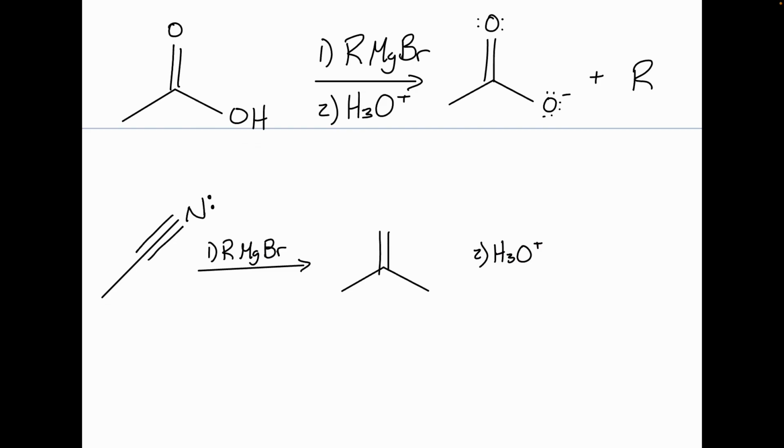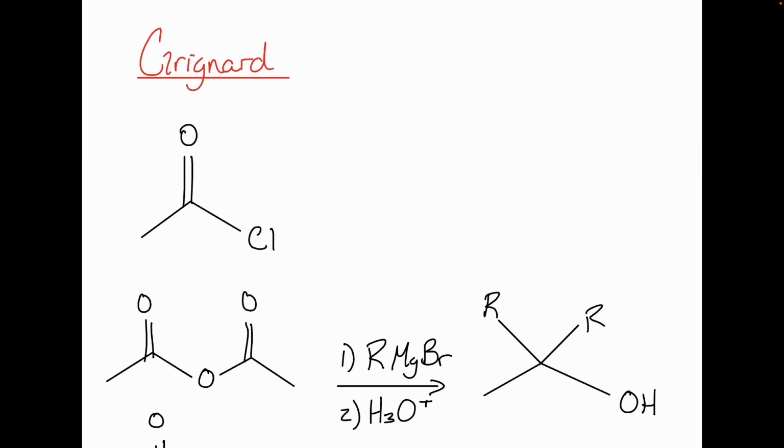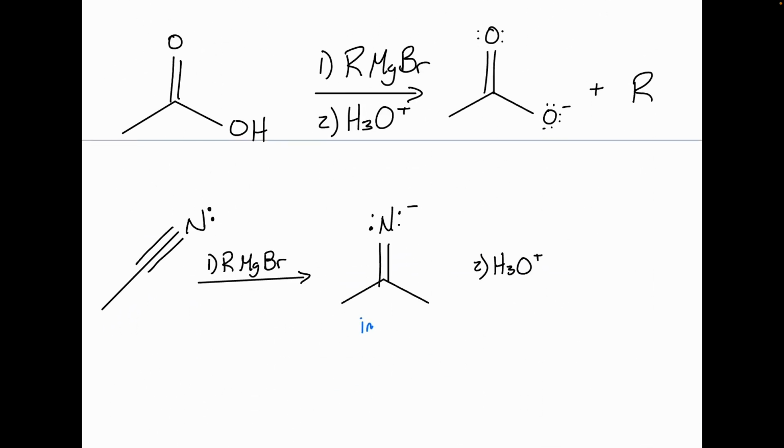You get these imine ion intermediates. But when you do that second acidic workup step, your imine under these aqueous conditions isn't going to survive, and instead is going to be replaced by a carbonyl group.